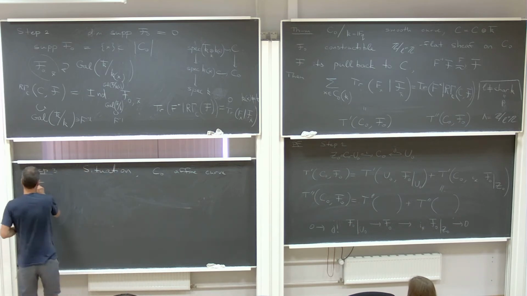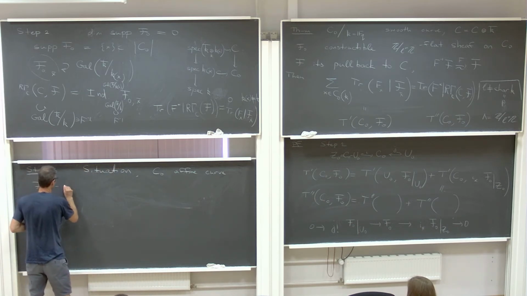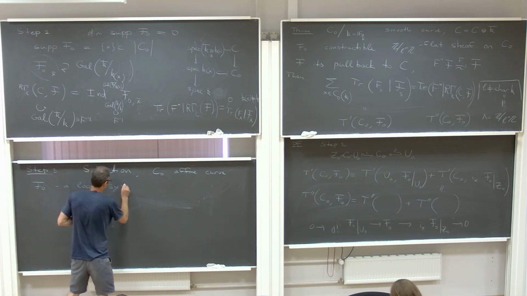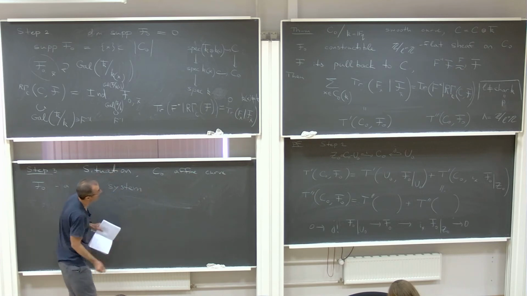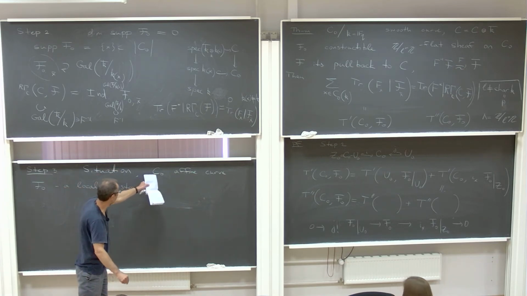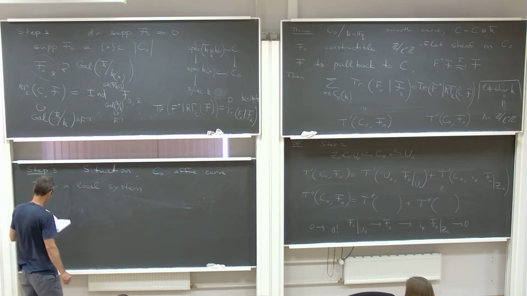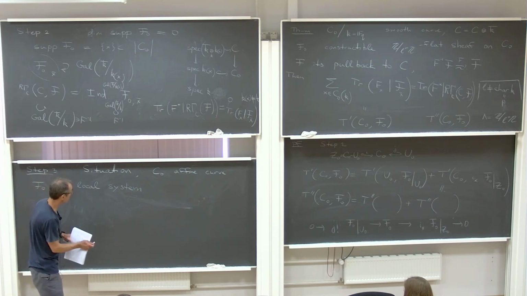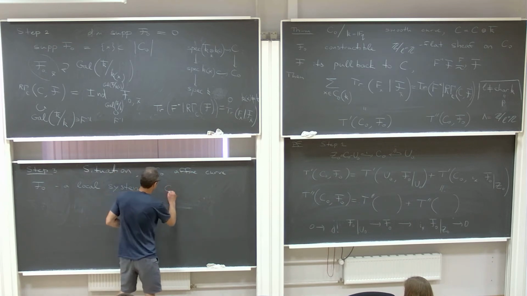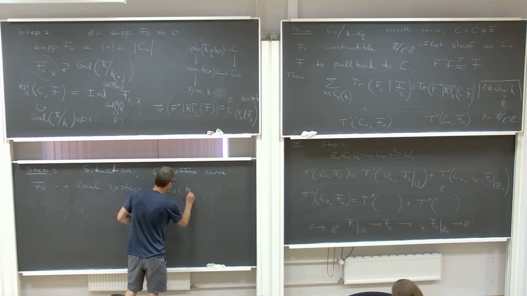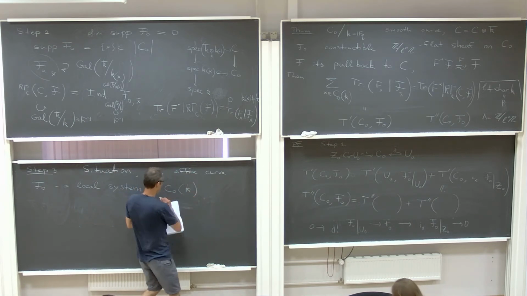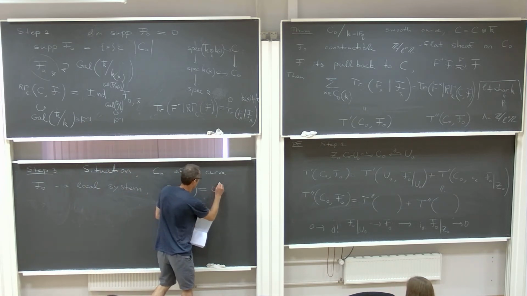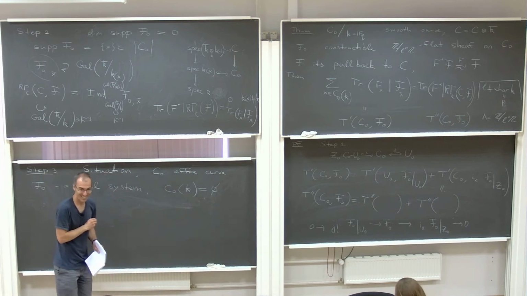F0, a local system. So that's given by a representation of the fundamental group of this curve. And what else? And I may also assume that C0 has no rational points, right?